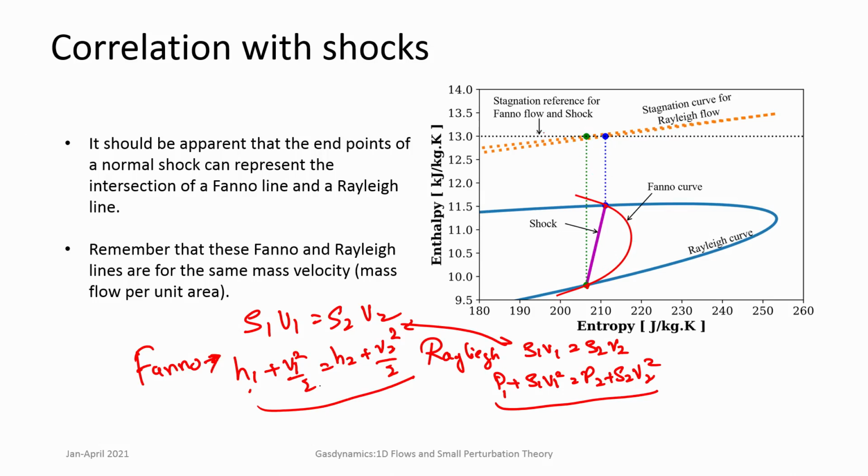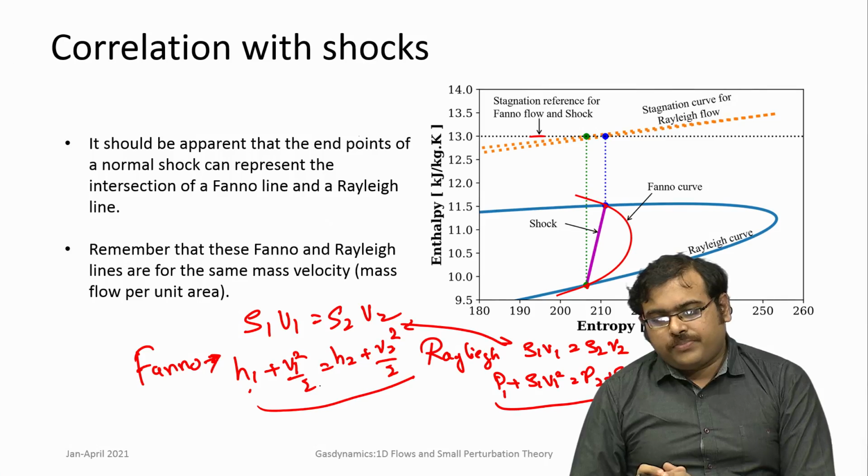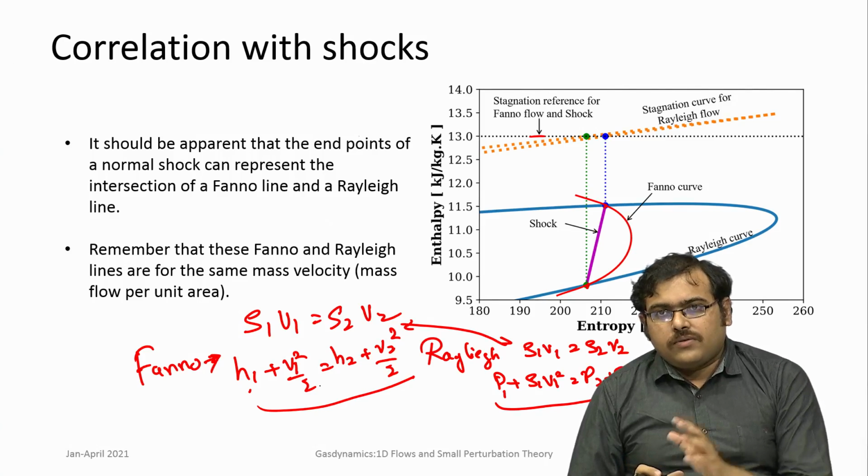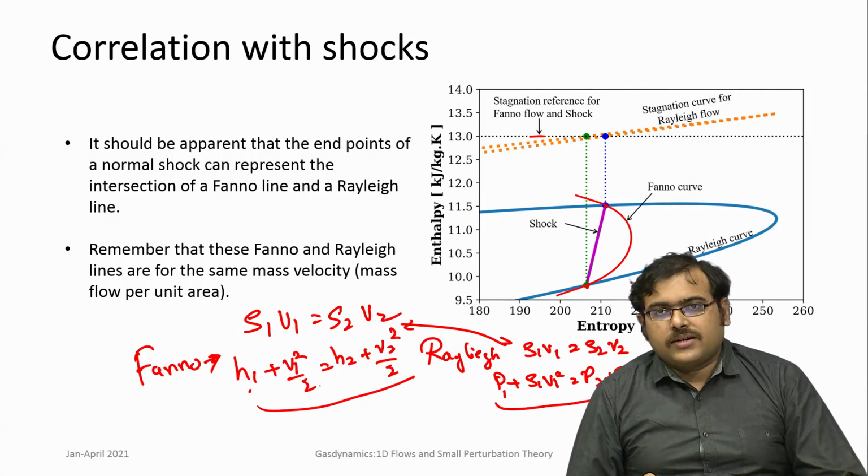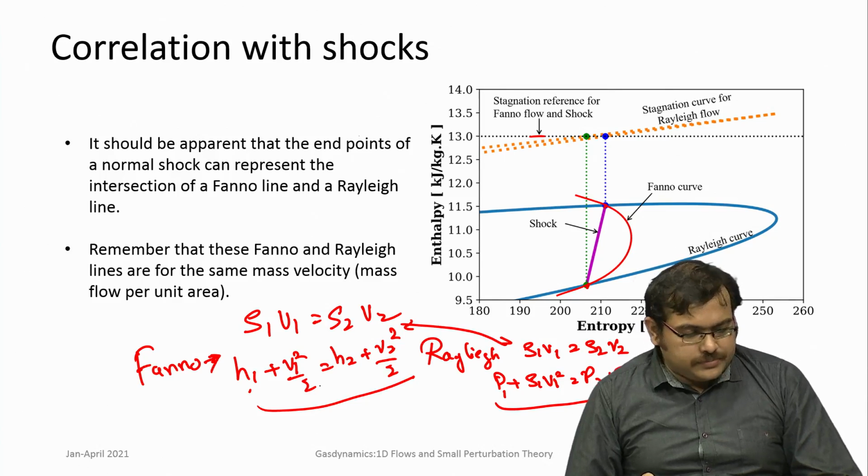For a Fanno curve the stagnation temperature remains constant, so the stagnation temperature reference for both the Fanno curve and the shock are the same, while in the Rayleigh curve it actually cuts across the two branches. So, if you consider the Fanno curve, the Rayleigh curve and the shock, all of them can appear as intersections of each other.